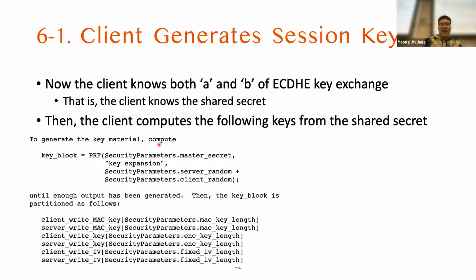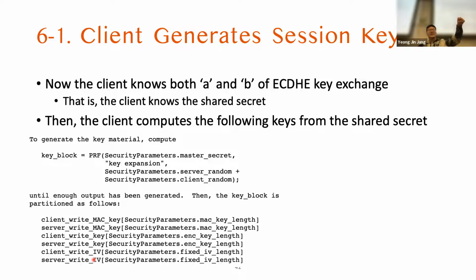After generating enough bytes, it will generate the client write MAC key, which is for HMAC, and then the server write MAC key, client write key, server write key, and then the client and server IVs. So it actually generates two sets of keys. When the client sends a packet to the server, they will use the client write key.